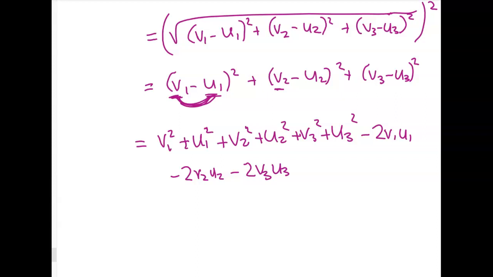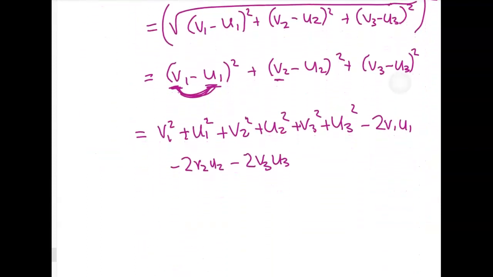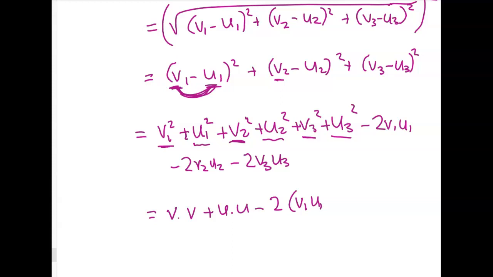Right, so let's see how we can combine some of that. Well, remember up here we've got v dot v. V dot v is the same as this, and u dot u is the same as this. So this equals v dot v plus u dot u minus 2 times (v1 u1 plus v2 u2 plus v3 u3).